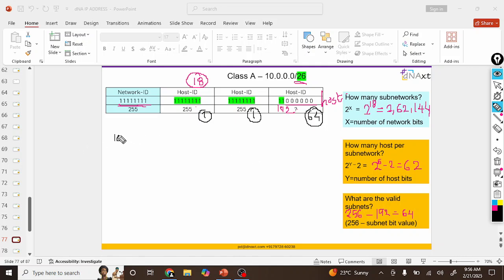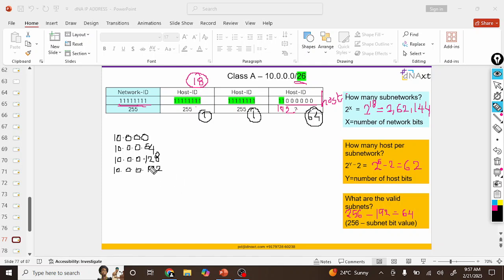We will start with the given IP address, that is 10.0.0.0/26. Then an increment of 64 in the fourth octet: 10.0.0.64. Then 10.0.0.64 plus 64, 128, then 10.0.0.192.